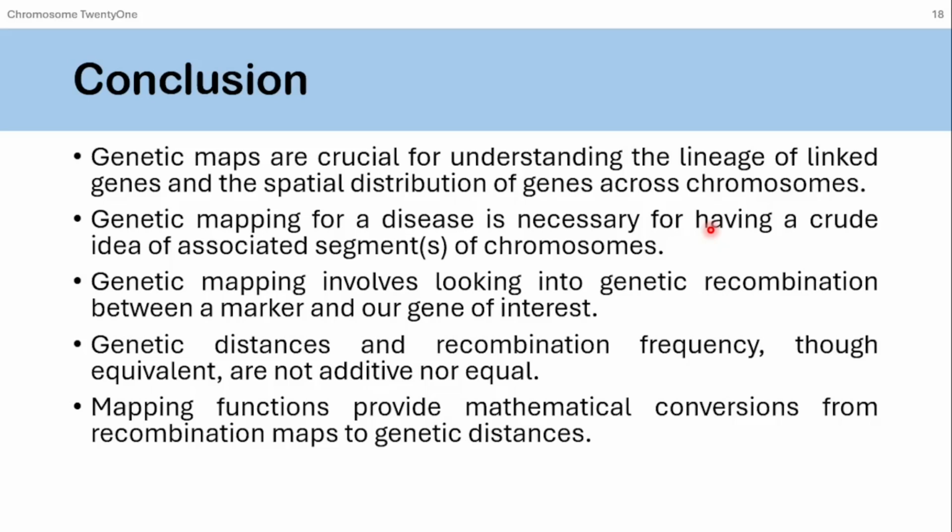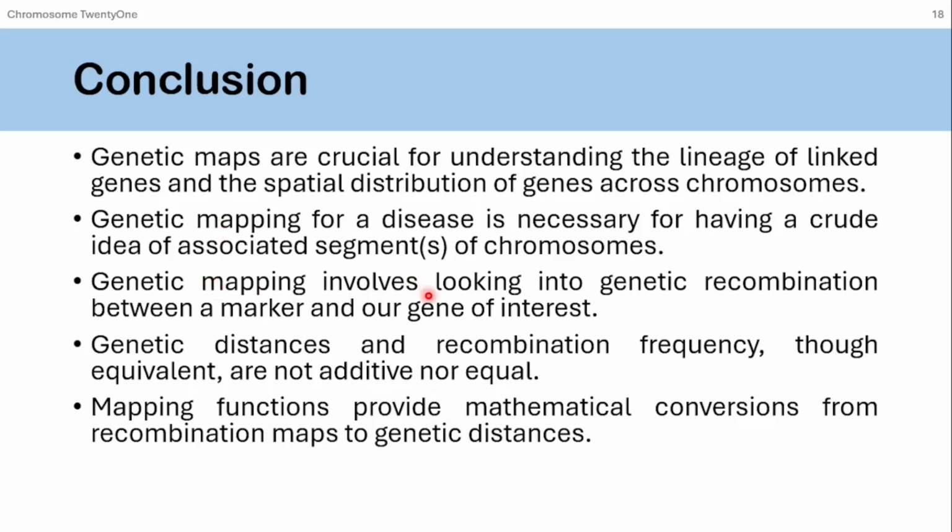For creating a genetic map, you need to understand the recombination frequency, and only by understanding the recombination frequency you get a recombination map, a linkage map, a physical map, a genetic map, different kinds of maps which you can then use for different purposes. Genetic mapping is necessary for disease mapping, so understanding which disease is caused by which gene, and of course it is different for different polymorphic and monomorphic genes, and therefore different segments can be associated with certain genes.